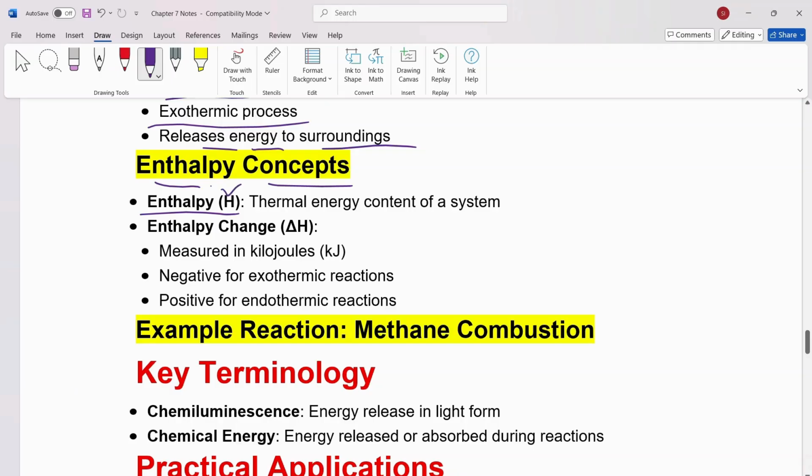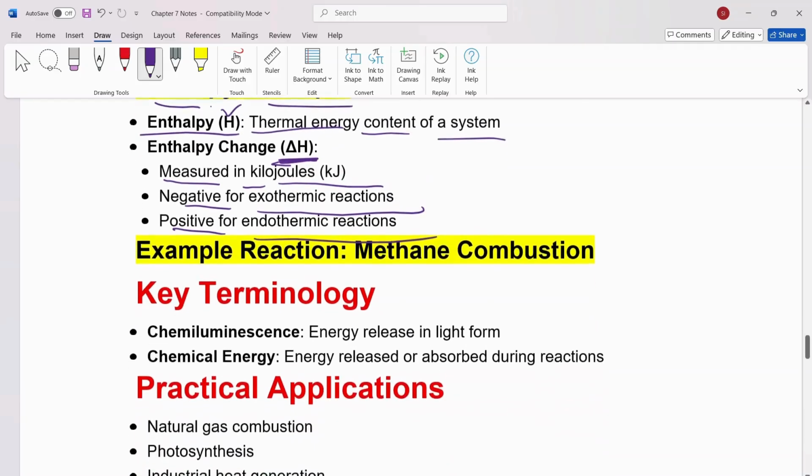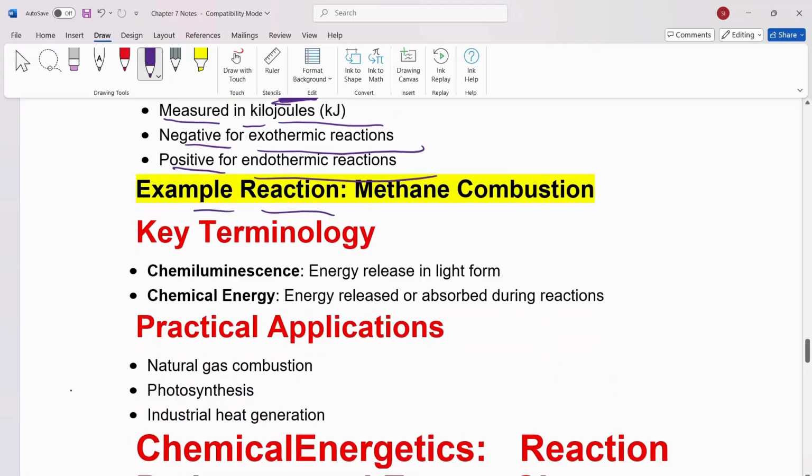Enthalpy, denoted by H, is the thermal energy content of a system. Enthalpy change, represented by delta H, is measured in kilojoules, kJ, negative for exothermic reactions and positive for endothermic reactions. Now, example of reaction: methane combustion.